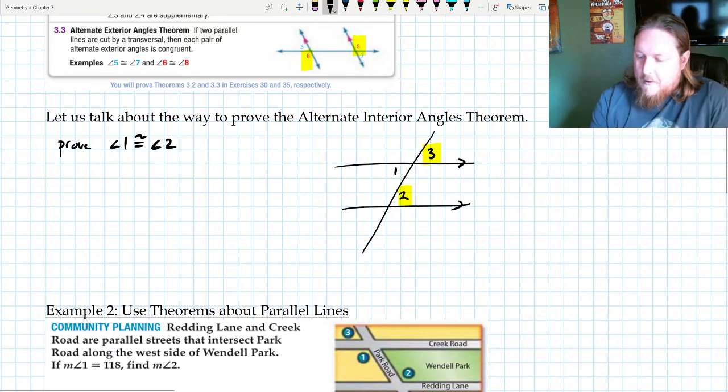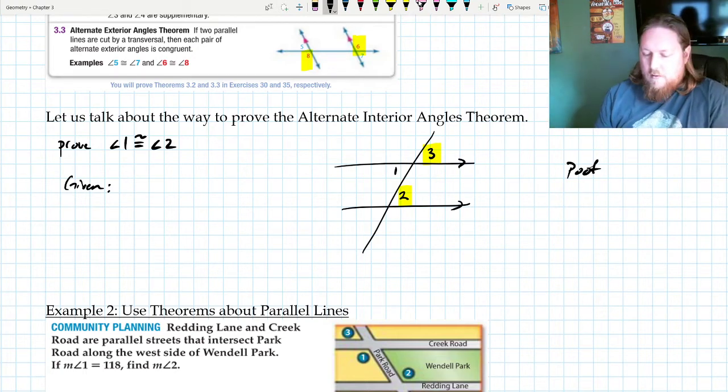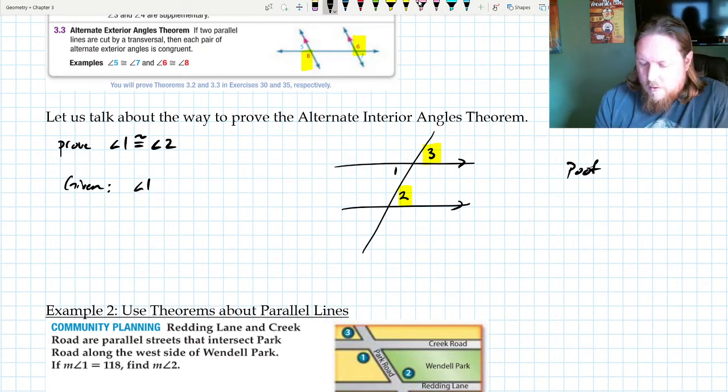All right? So, given, and this is what I call a proof. I'm not doing a full list of all the statements and reasons in a T-chart or anything like that. I'm just kind of listing out what I would do. Angle 1 and angle 2 are alternate interior angles.